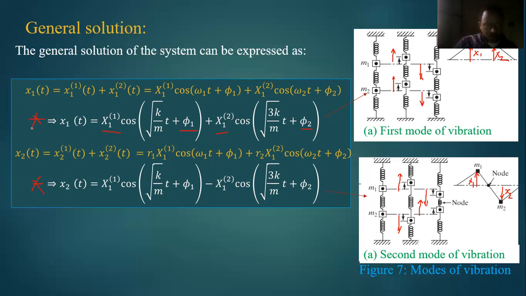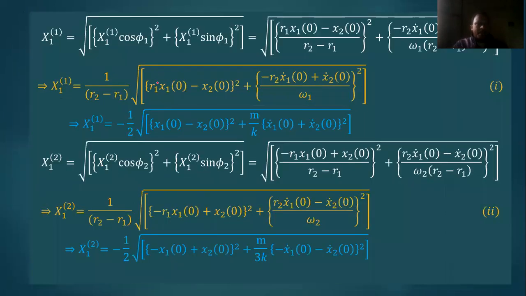So we have two equations and four constants. We have to determine these using initial conditions. So we have to derive the first differentiation of this, and the first differentiation of this will be implemented with initial conditions.